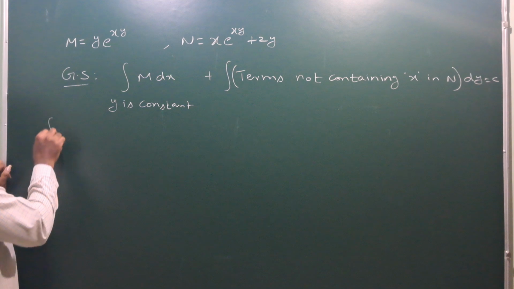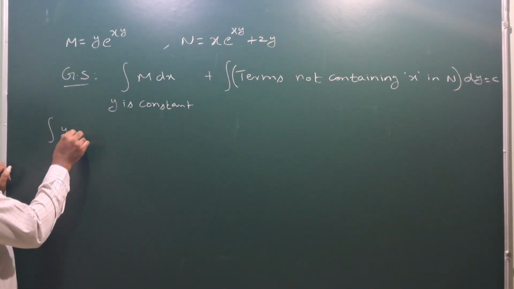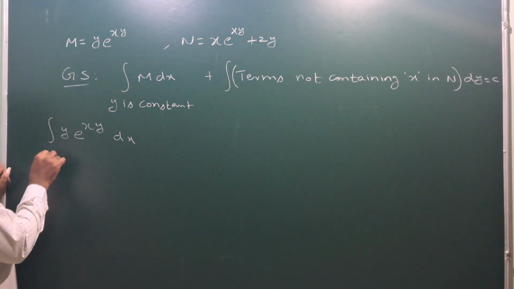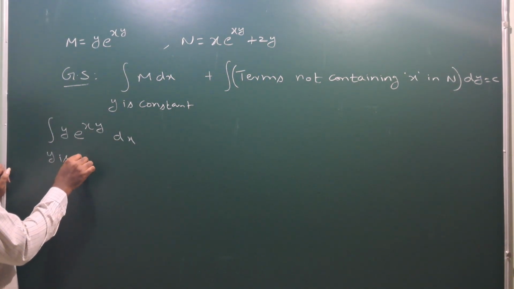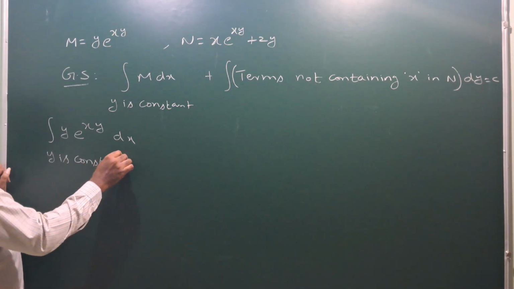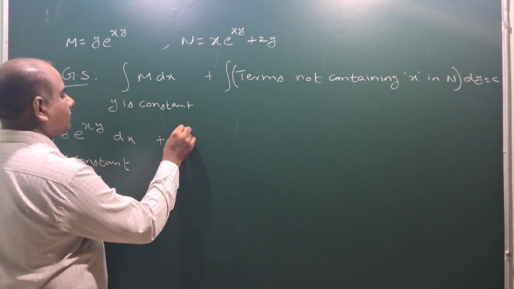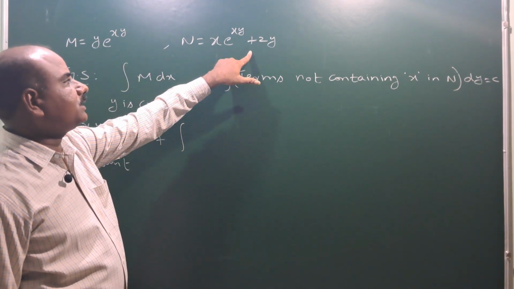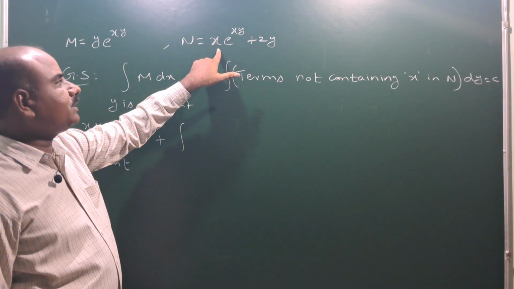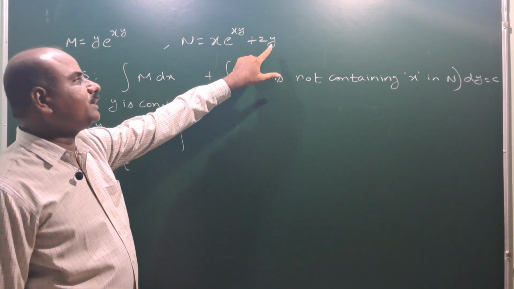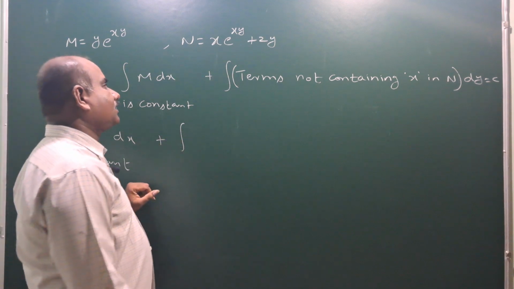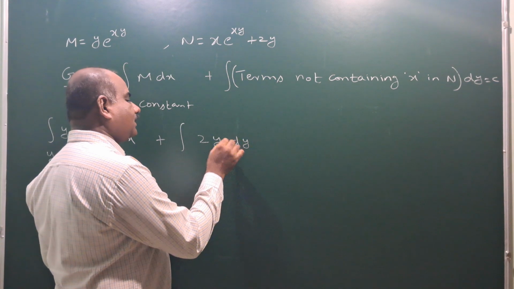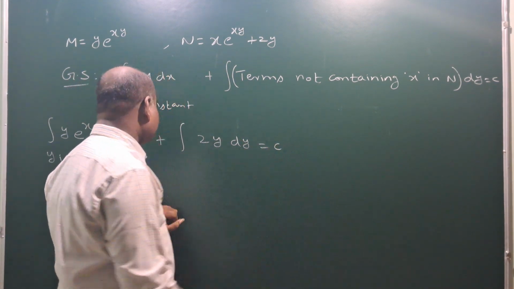Now substitute the values. Integral M means integral y e^(xy) dx. Here y can be treated as constant. Plus, here we take the terms without x in N. In N two terms are there. The first term contains the letter x, so we cannot take this term, and the second term is 2y, which is without x, so we take that term only, and integrate it with respect to y, equal to c.